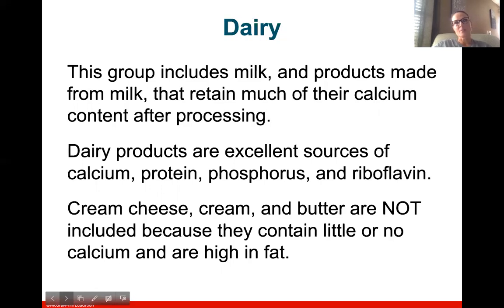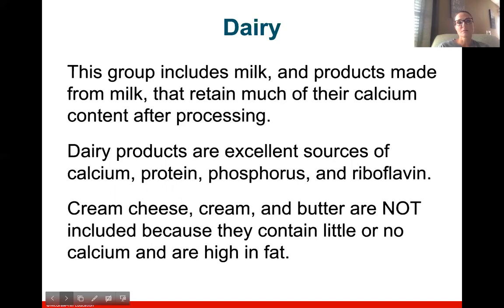Things that we have to think about with yogurt, a lot of times there's a lot of added sugar in those to make them taste better. So if we're watching our overall added sugar intake, we just need to be aware of that. And we typically want to choose the lower fat varieties of milk because it does contain saturated fat.